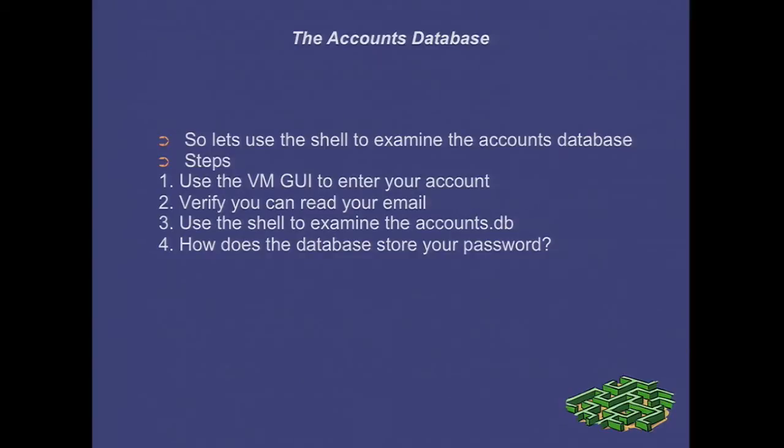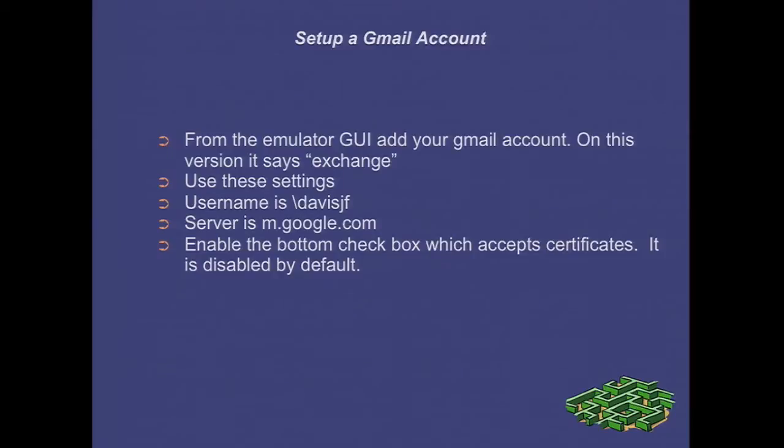All right, so here there's an accounts database, and one of the things I was just trying to play with is how this affects whether my Gmail account is there. So we're going to show you how to use your VM GUI to enter an account and read your email, and this is how you set up the account. The only thing that's tricky here is the server is m.google.com, and you have to click accept certificate.